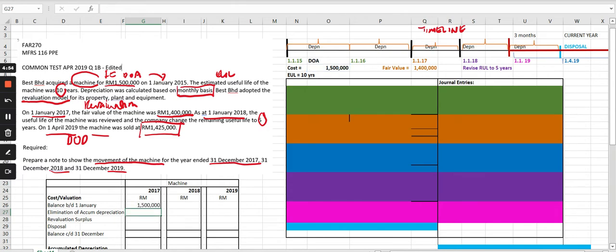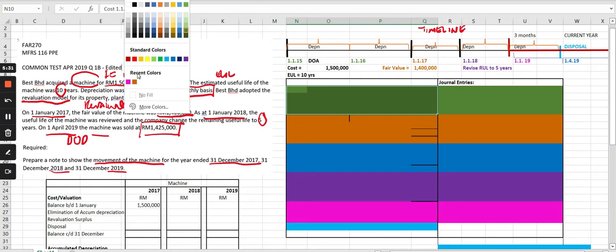Right, and then you have to calculate the accumulated depreciation for that particular year, which is 2017. However, you should take note that there was already some depreciation that had been calculated from 1st of January 2015 up until 1st of January 2017, which is depreciation in year 2015 and year 2016. So I have done the calculation here. Okay, so let me just reveal it. So it's here.